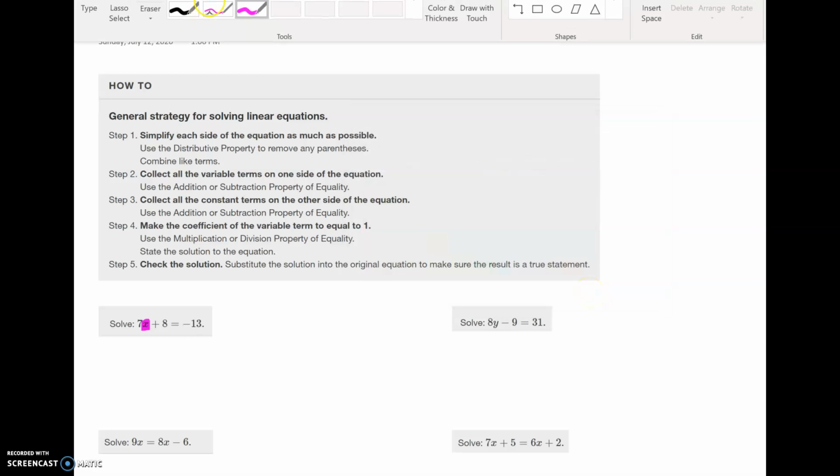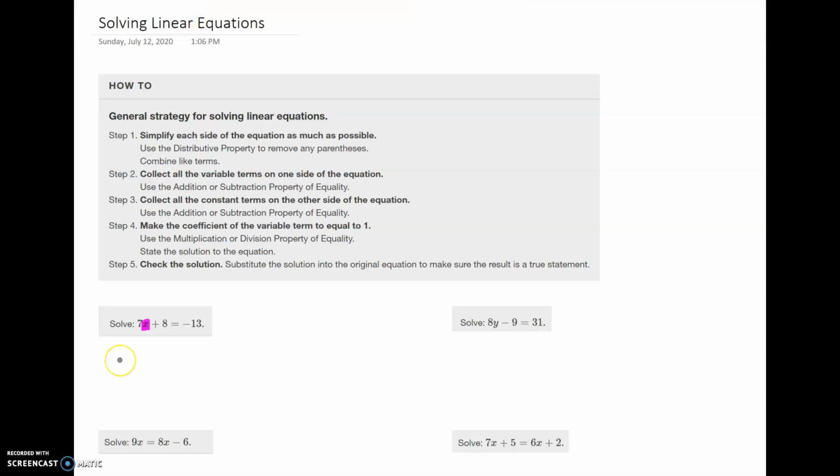So first things first, we want to try and isolate. We don't have anything to simplify, so we're not doing step one, but we want to get that variable term by itself. We want to get this 7x by itself, which means we need to get rid of this constant term, 8.